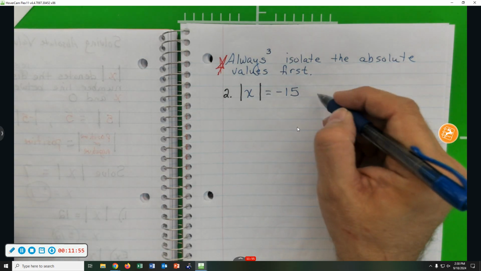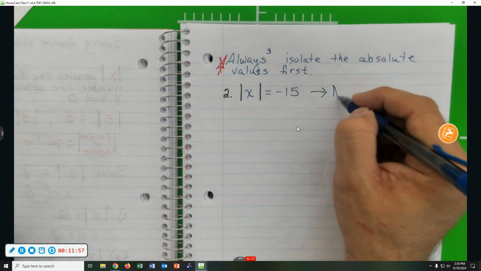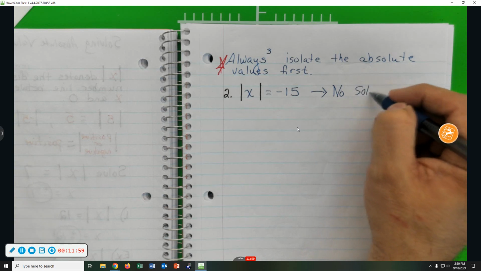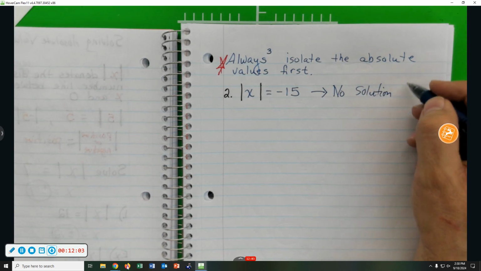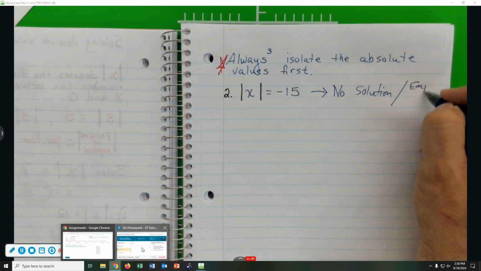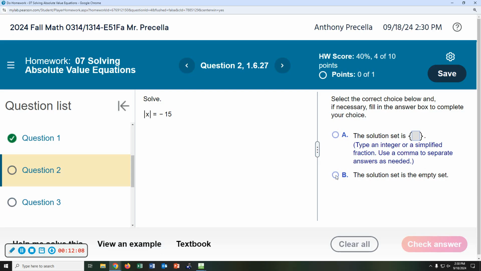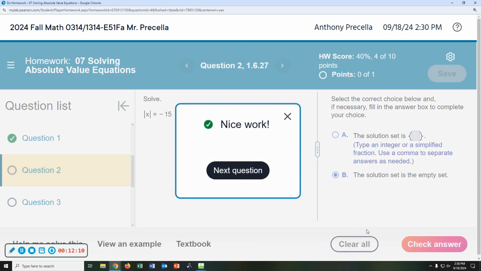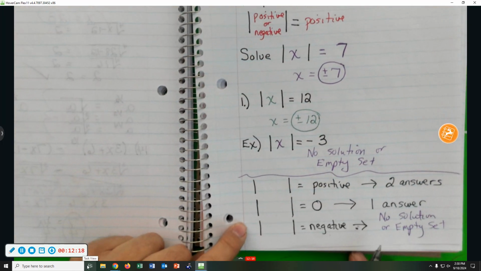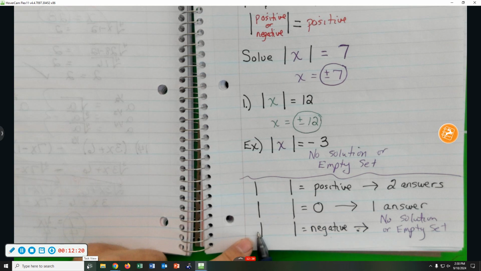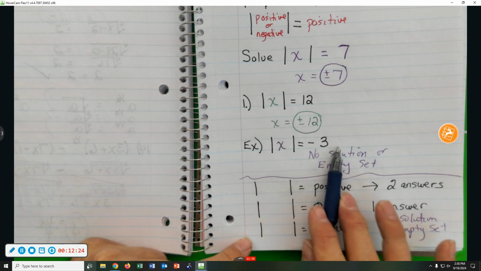What do we conclude? No solution. Or, wait, it's empty set? Solution set is empty. Empty set. Okay. And that's this one, right? If you have absolute value equal a negative, just like right here.